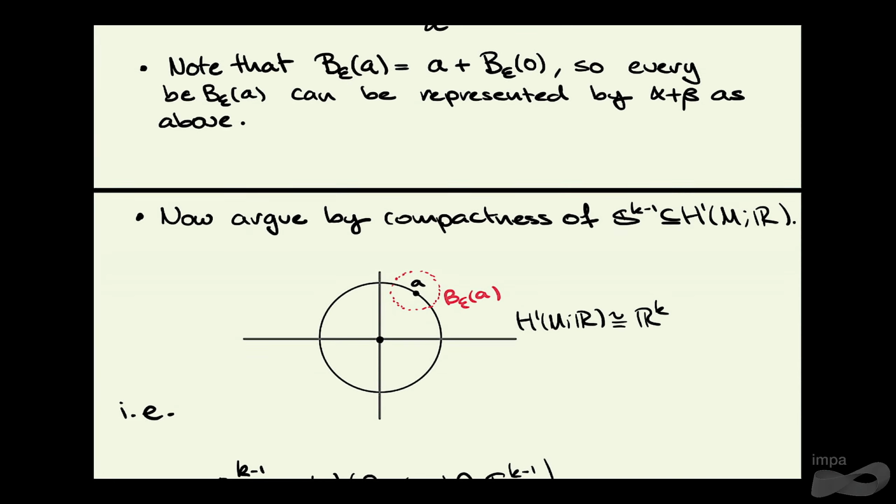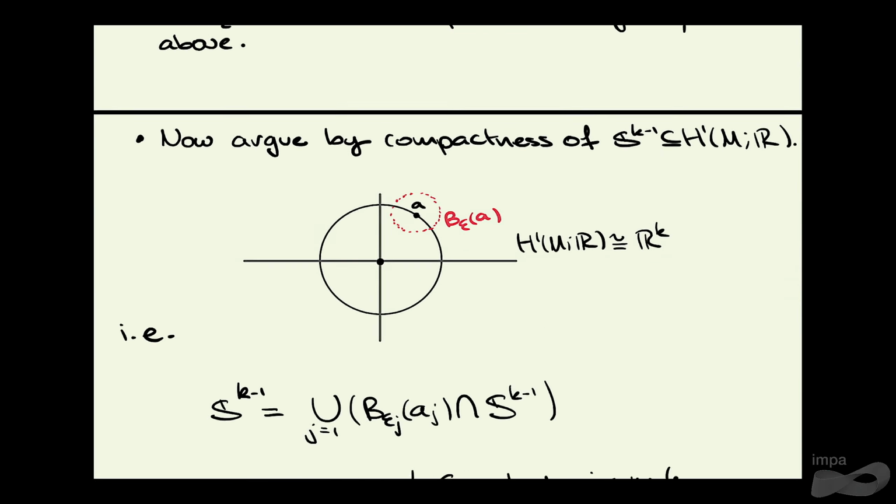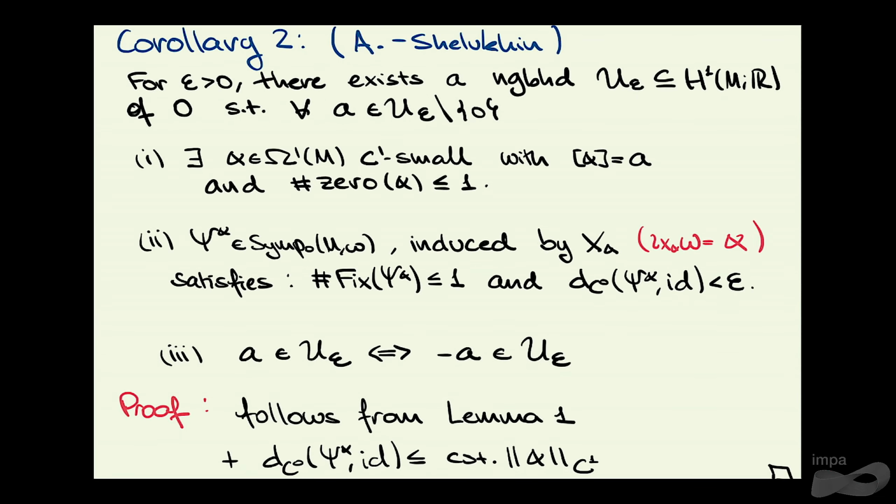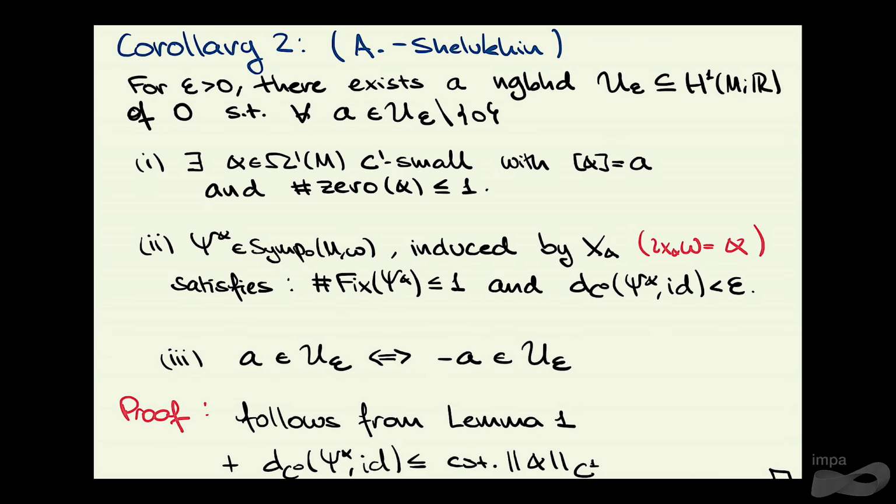Now let's look at it in a symplectic way. What we can extract from this lemma is the following. For any epsilon, we can find a neighborhood of the identity, U epsilon, such that every non-trivial cohomology class in this neighborhood is represented by such a one form that I've been talking about for the past 20 minutes.